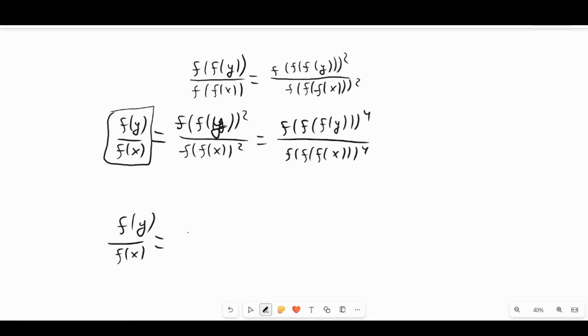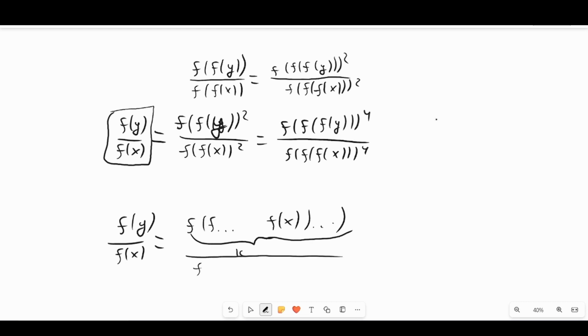equals f of f, and so on, k times, of y over f of f, in a similar way, of x, to the 2^(k-1) power.